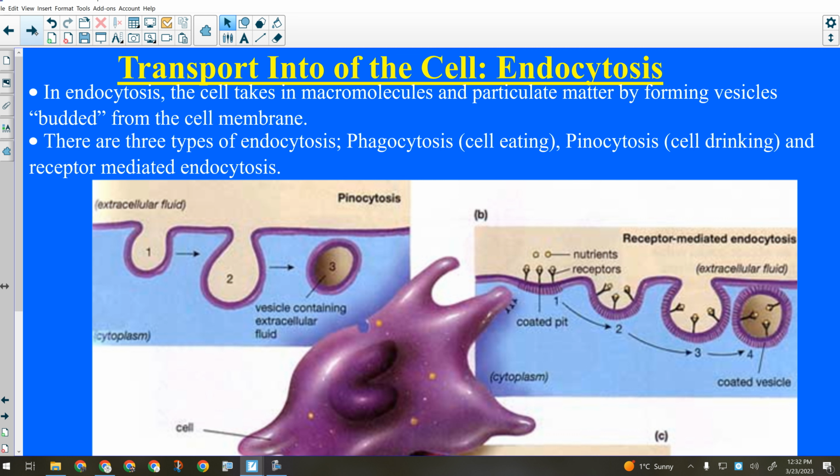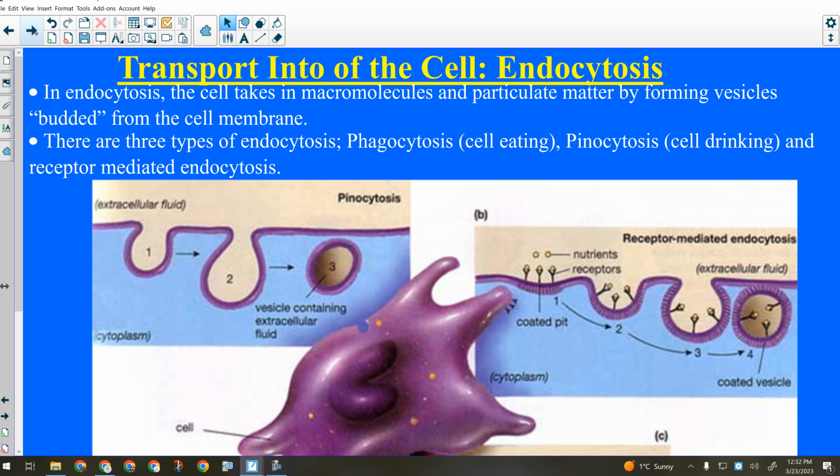Those are the three ways that the cell can basically engulf stuff. Mechanically, all three are the same: the membrane just envelops something and it gets inside. The only reason we consider them to be different is because of what they take in when that happens. So that's what we'll look at now.